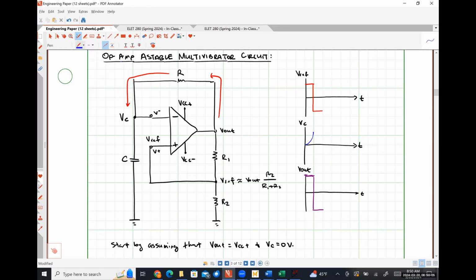So the capacitor is going to wind up discharging until it hits VREF again. And then that cycle is just going to repeat over and over and over.